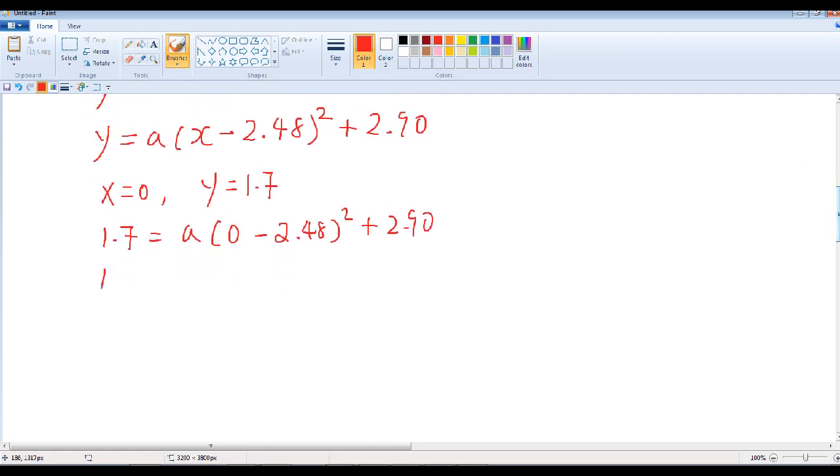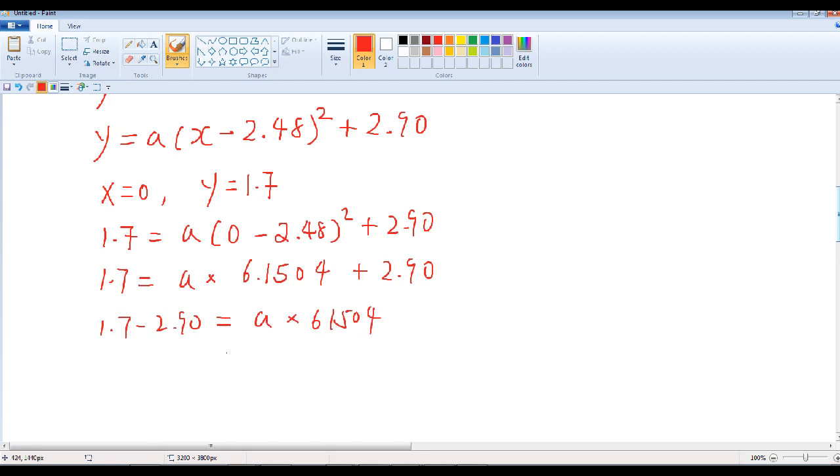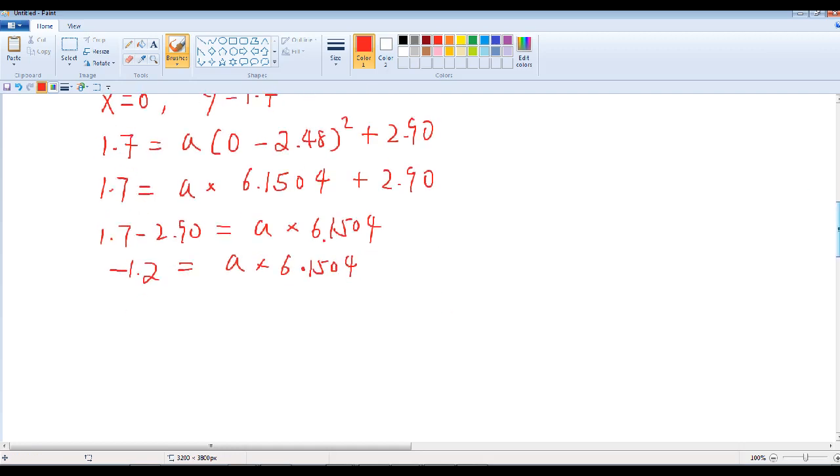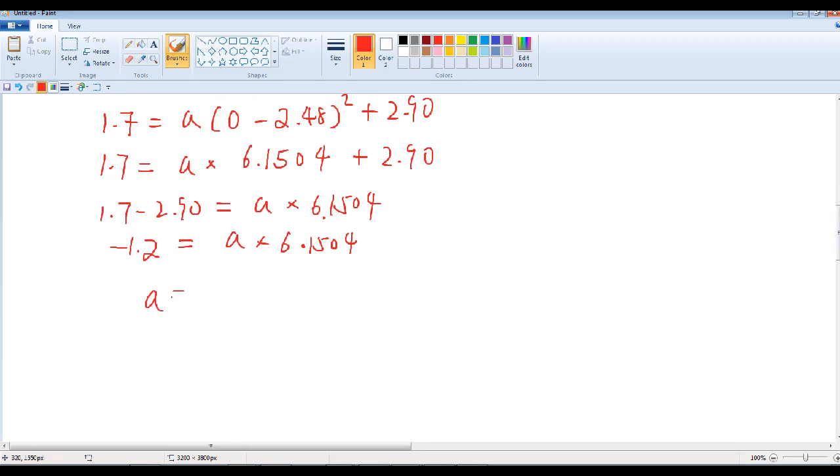To solve this, you have this one, and of course you could use a calculator, and then you subtract 2.90 to the other side, and you will have minus 1.2. So A will be minus 1.2 divided by that.